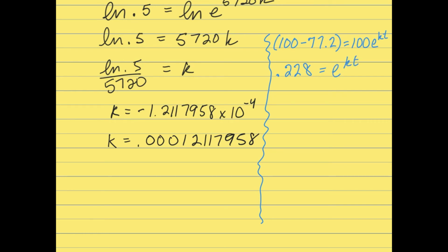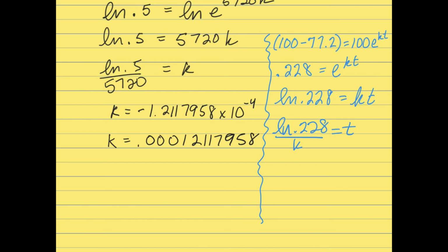So we end up with this. And now we take the natural log of both sides. And now we're going to use those three different values of k to see what happens with the rounding.